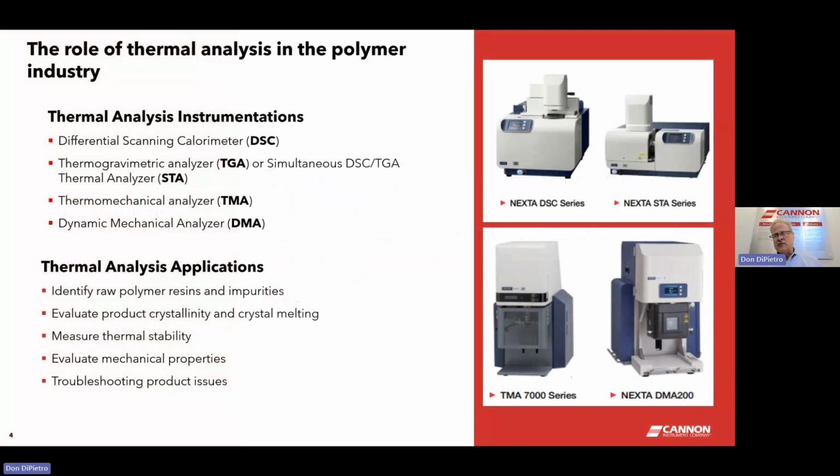So let's start with the role of thermal analysis. You may all know that it consists of a suite of equipment, typically 4 modules: differential scanning calorimetry, or simultaneous DSC-TGA, TMA, and DMA. These have been staple products in all kinds of physical property testing laboratories really since the 60s.